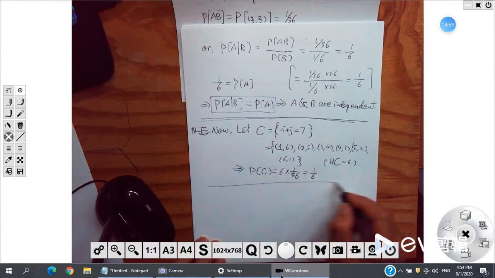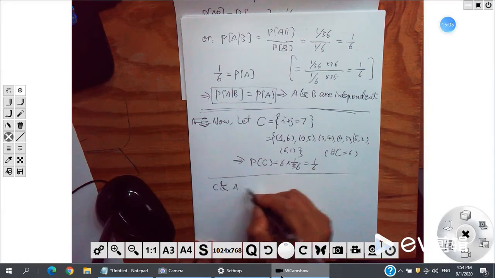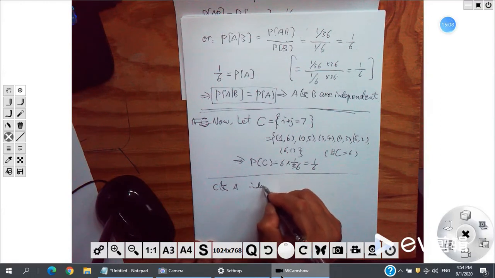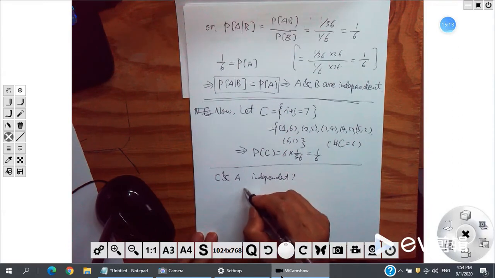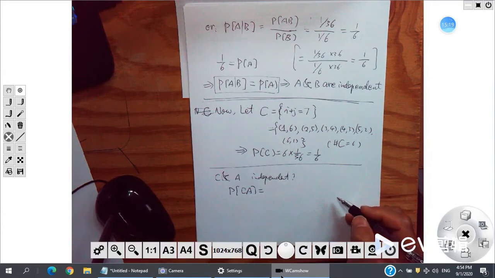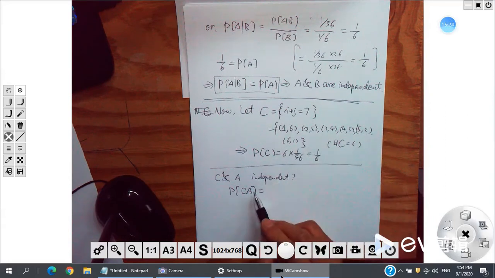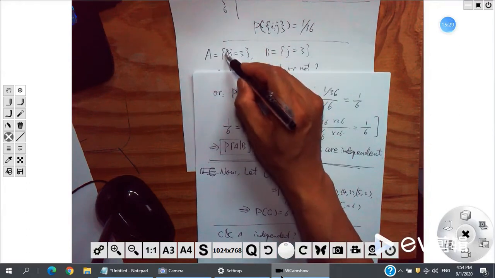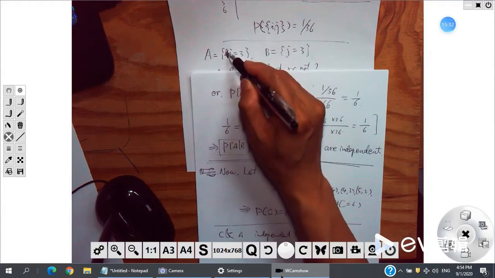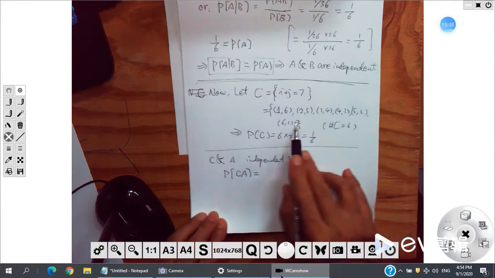Now we consider C and A. Are they independent? We check the probability of C intersection A, which is what? C is I plus J is 7, so we have 6 of them. And A is I equal to 3. So here you see which one is I equal to 3.